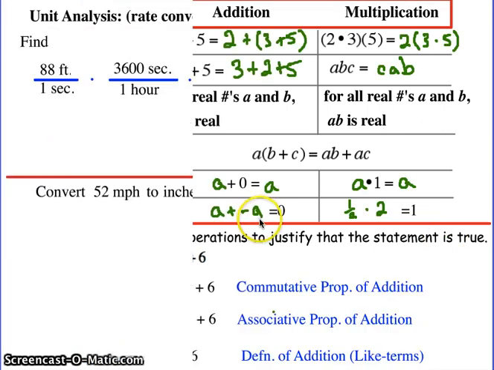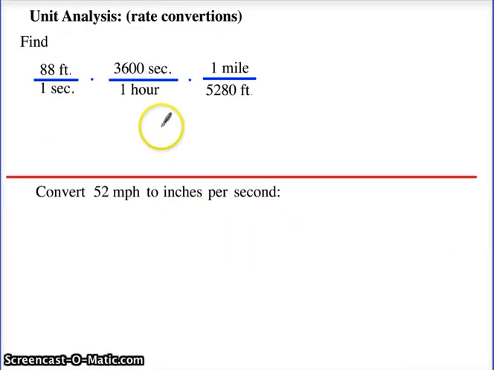The last thing that we'll do in this section, very quickly, is what's called unit analysis, or working with labels. If we want to change 88 feet per second into a different label, we just need to use conversion rates. Knowing that we have feet here, we could easily convert that into miles, knowing that a mile contains 5,280 feet.